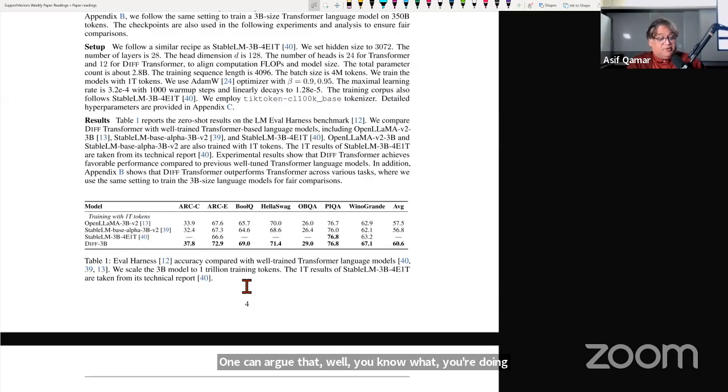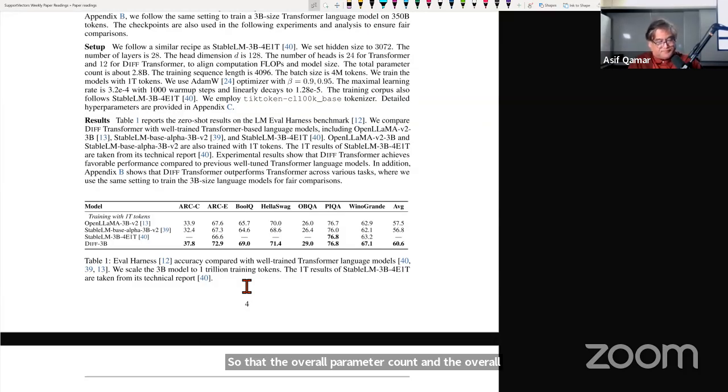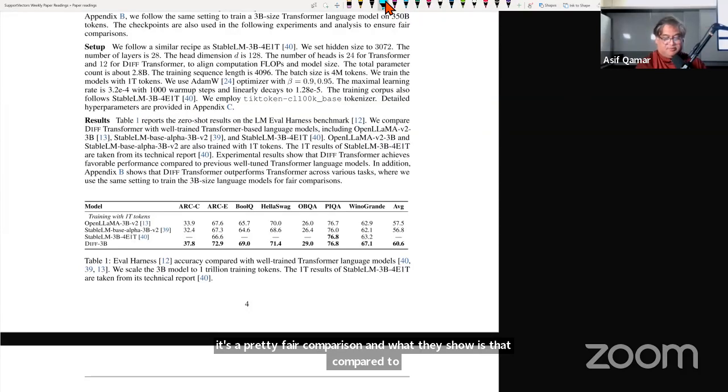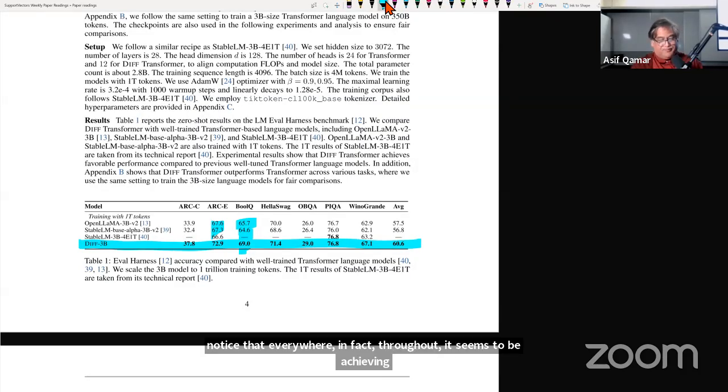So they compensate by halving the number of attention head layers, so that the overall parameter count and the overall compute remain the same. It's a pretty fair comparison. Compared to the benchmarks, throughout, it seems to be achieving pretty state-of-the-art results.